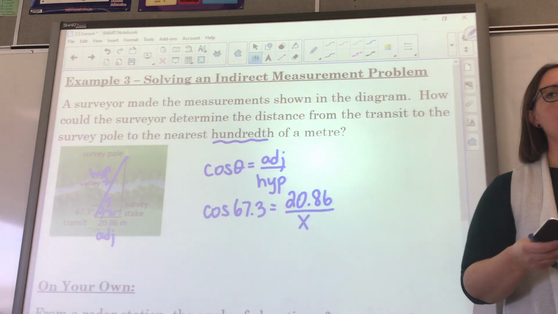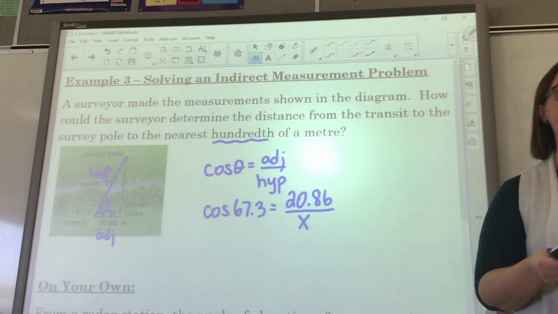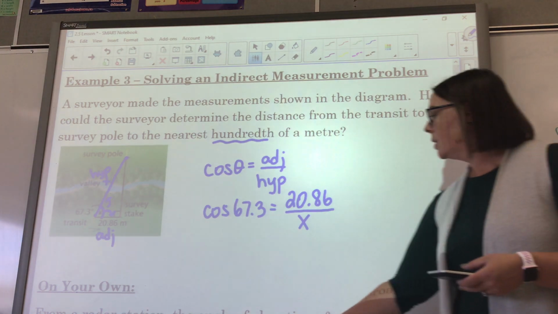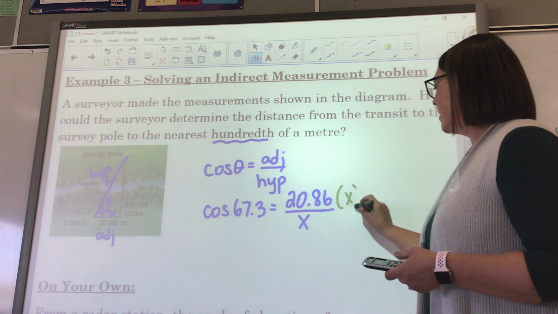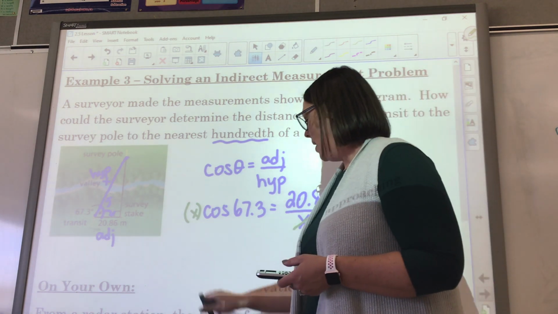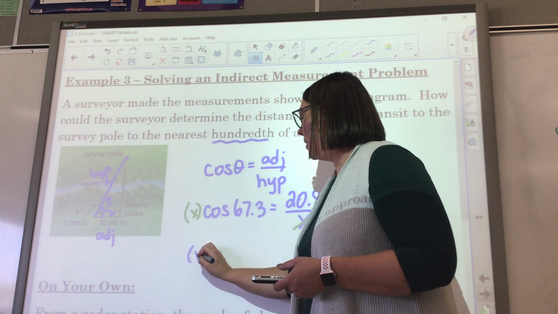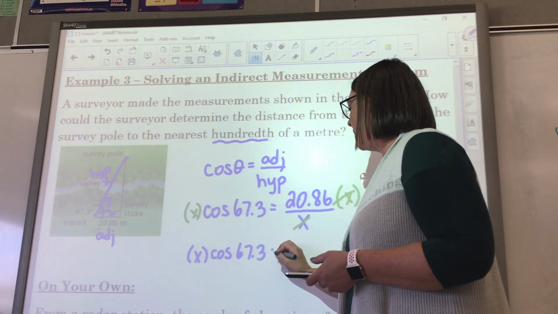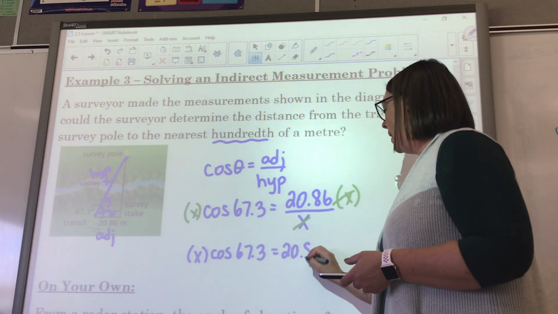So the process to find the number is exactly the same as the last question. We're just using a different button now, okay? So I multiply both sides by x. Those go away. I end up with x times cos 67.3, and that gives me 20.86.